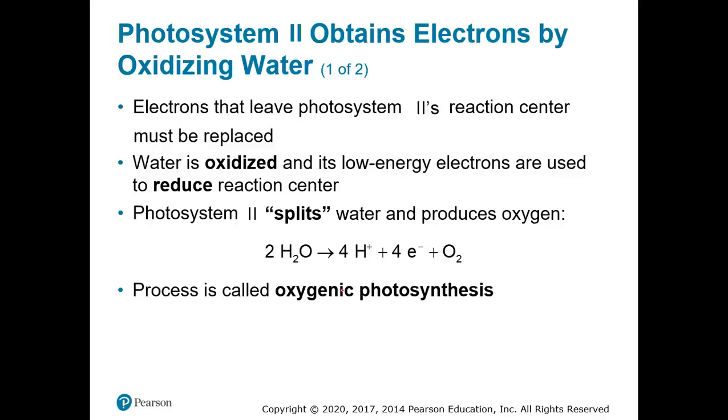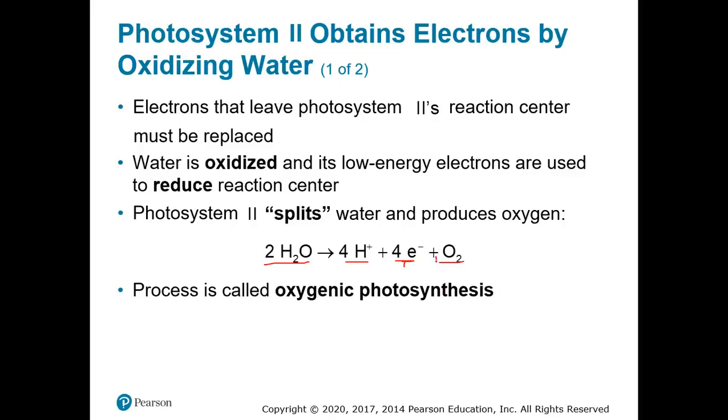Well, that is where water comes in, because we can actually split apart water, and we can use that to create some protons, some electrons, and some oxygen. This little equation right here is showing what happens when we split water, and we can use those electrons to replace that missing electron in our reaction center.